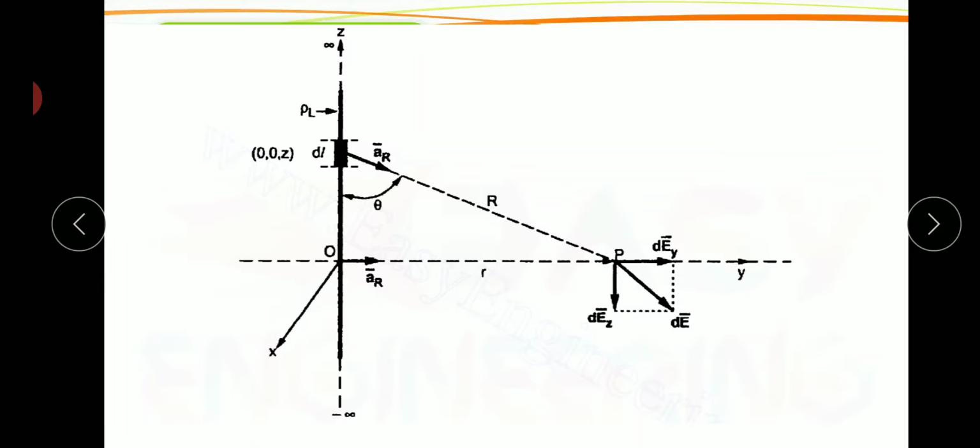First we have to find the electric field intensity due to this dl element, and next by integration with the limits minus infinity to infinity we get the total electric field intensity due to the infinite line charge at the point P. So here, first of all we have to know the coordinates of dl and P.